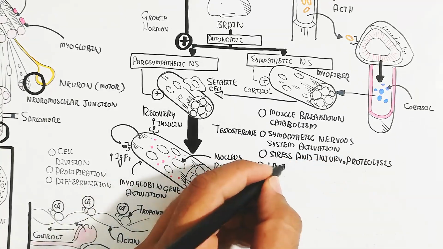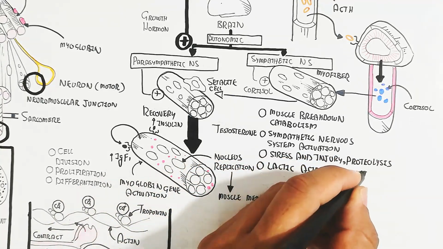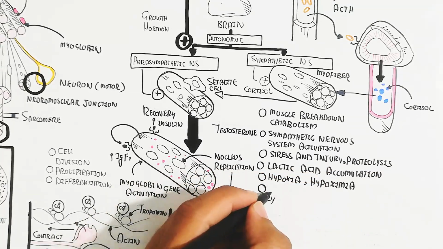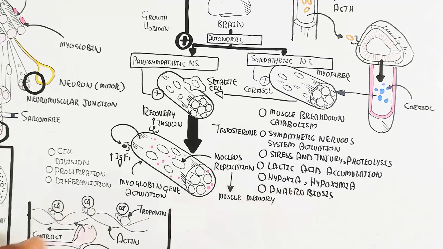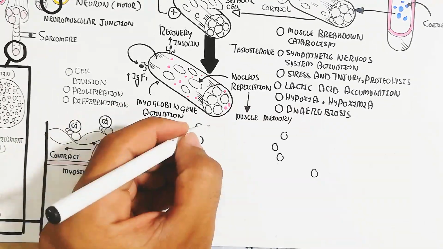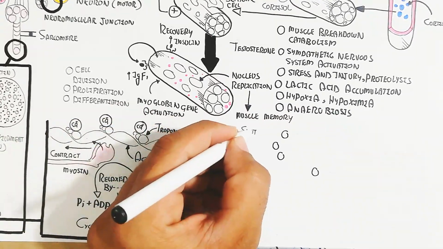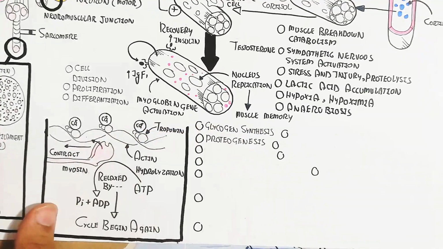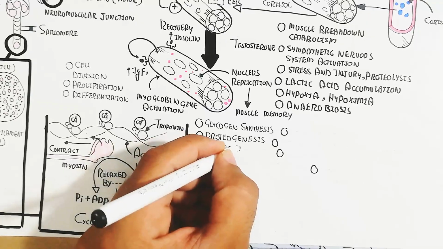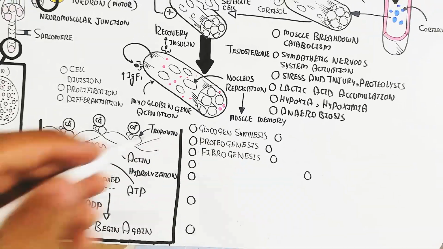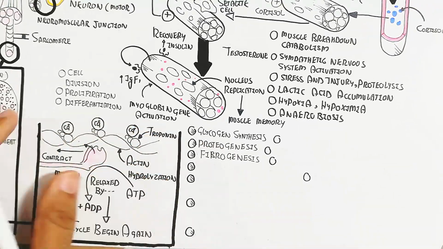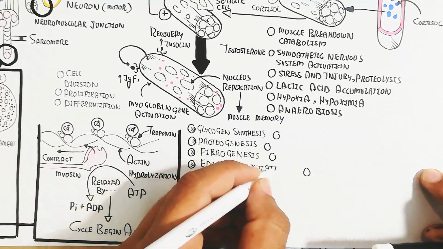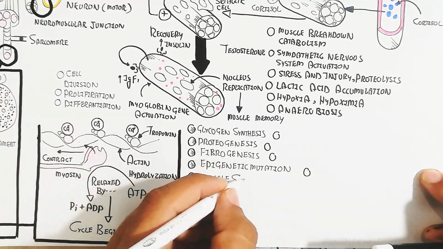The stress and injury, the proteolysis and lactic acid accumulation, hypoxia, hypoxemia and anaerobiosis occur as a stress. This stressor is due to the exercise and sympathetic nervous system activation, and in this way glycogen synthesis and proteogenesis occur as the response to the muscle injury, and muscle memory occurs, with more multiplication of the nucleus.